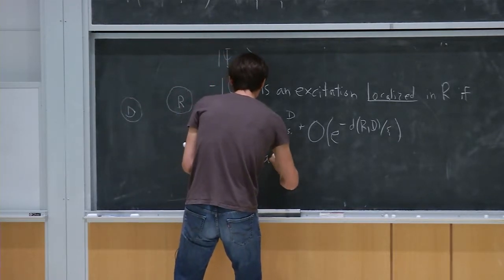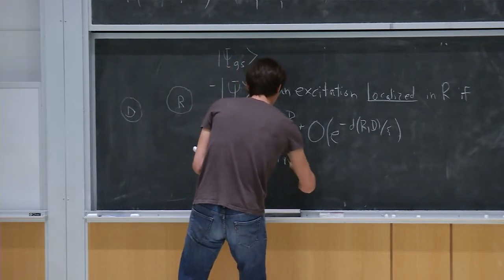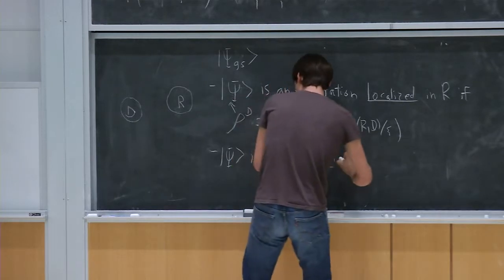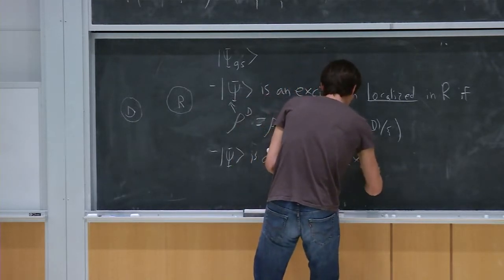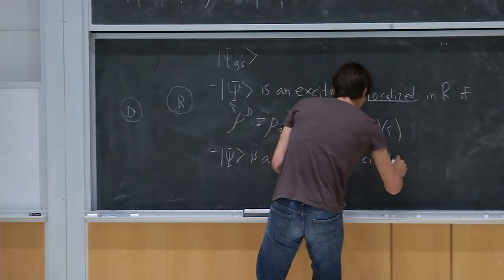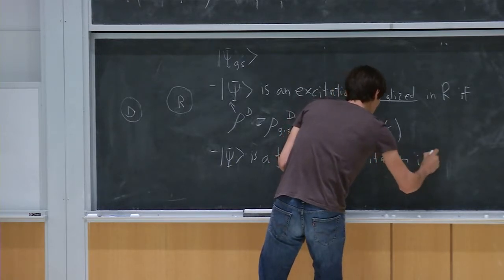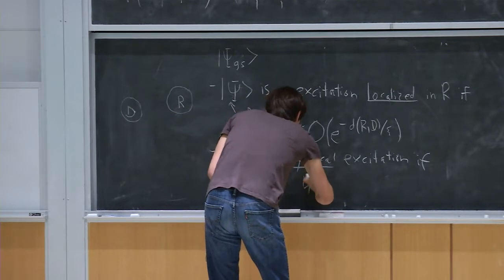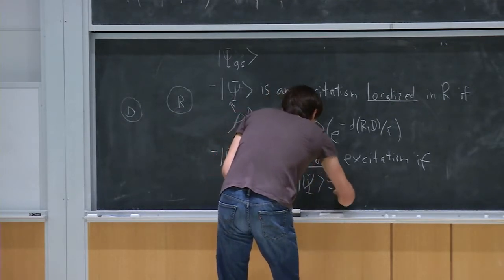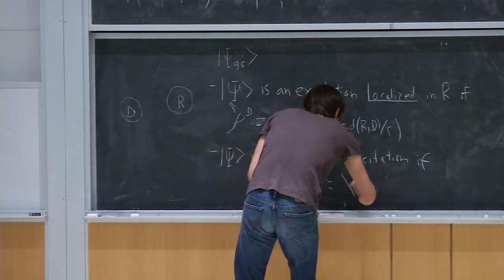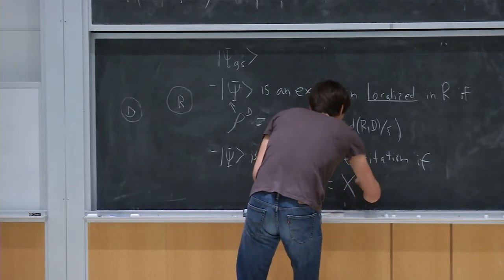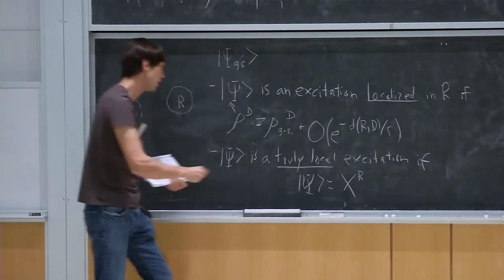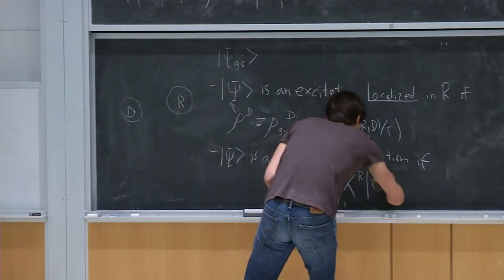So psi is a truly local excitation, not just localized, if I can write it as some operator X localized in region R, just acting on the spins in region R, flipping some spins or doing something in region R, acting on the ground state.